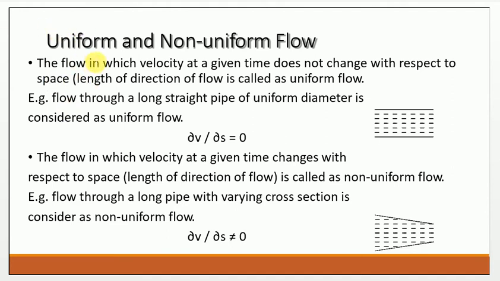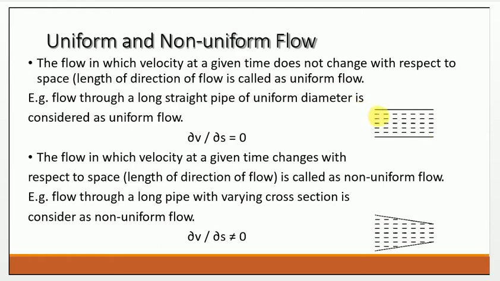The next type is uniform and non-uniform flow. The flow in which velocity at any given time does not change with respect to space, that is, along the length in the direction of flow, is known as uniform flow. We have taken a straight pipe. For example, you have 10 meters of pipe.